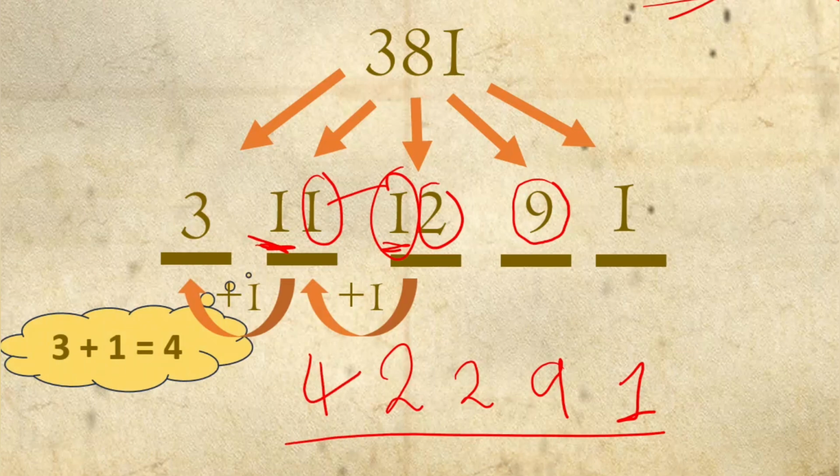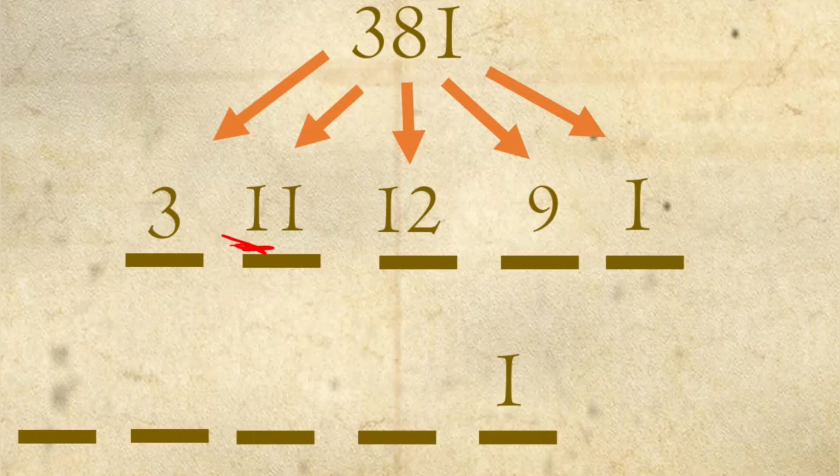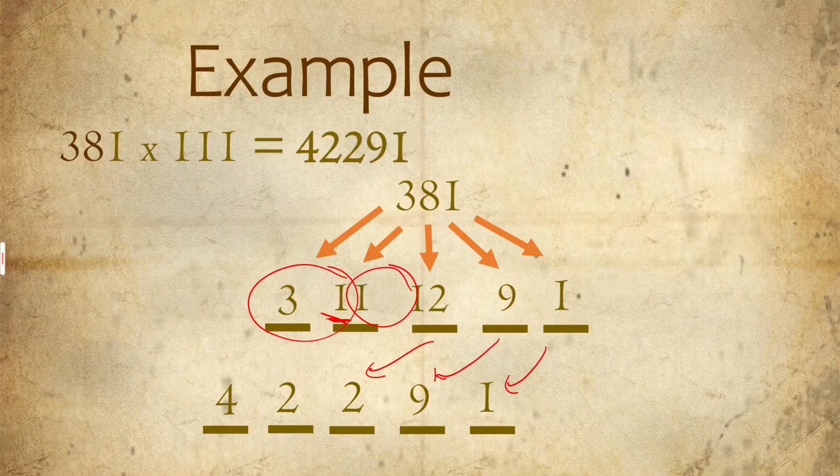So this is what we're going to get as our answer. Therefore, our final answer is going to be 1 as it is, 9 as it is over here, 2 as it is, then 1 plus 1, that is 2, and then 3 plus 1, that is 4. 42,291 is going to be the final product for the 2 numbers.